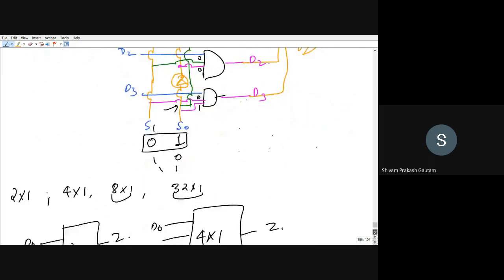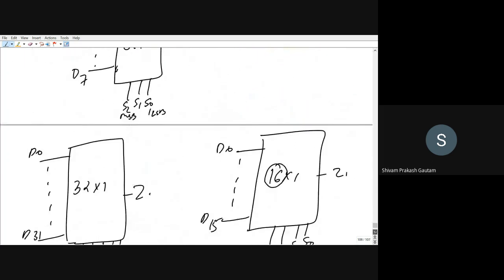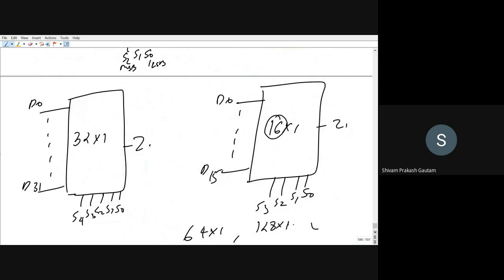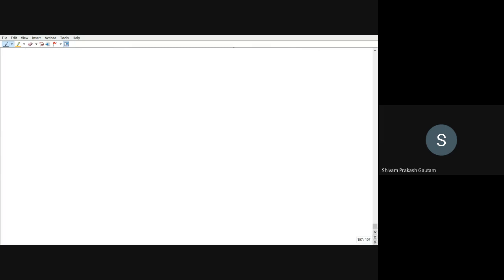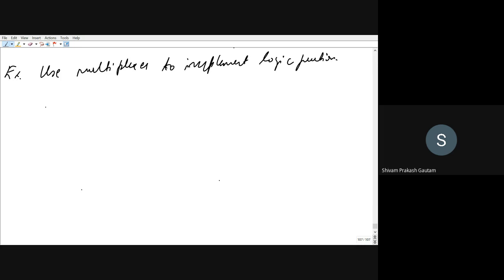Now we will see some examples of how we can use this multiplexer to implement our logic. For example, use a multiplexer to implement a logic function.